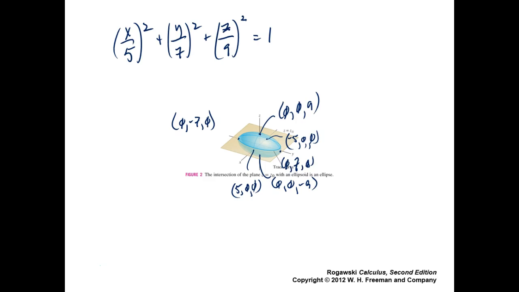Okay. And it said, describe the traces of the ellipsoid. Okay. Well, every one of them is an ellipse. As you go to z equals z0, z1, z2, up to 9, then you get smaller and smaller ellipses.